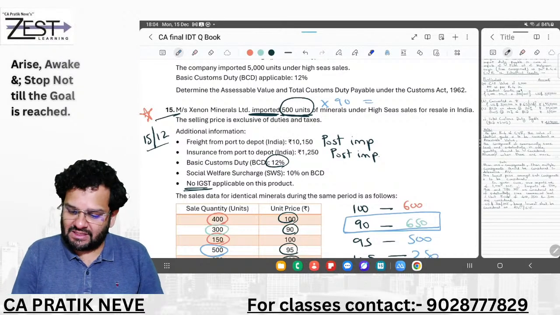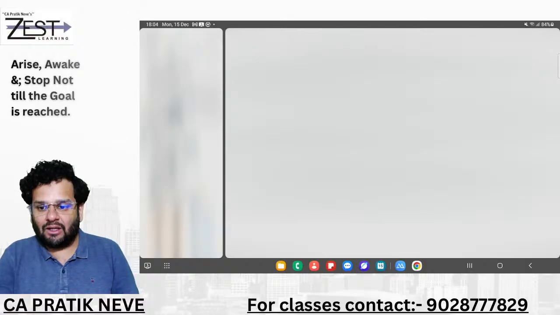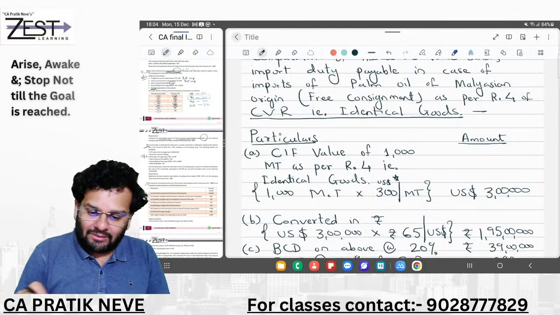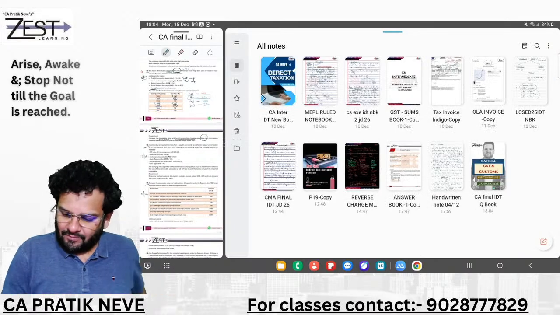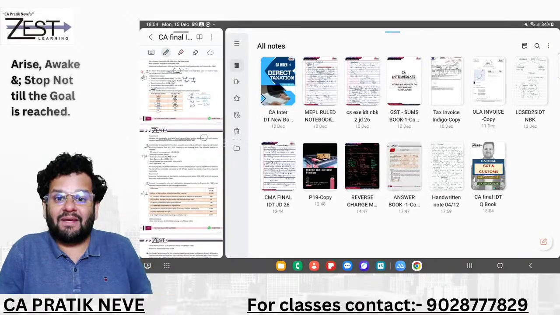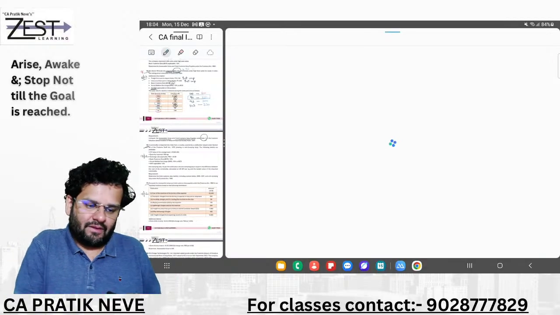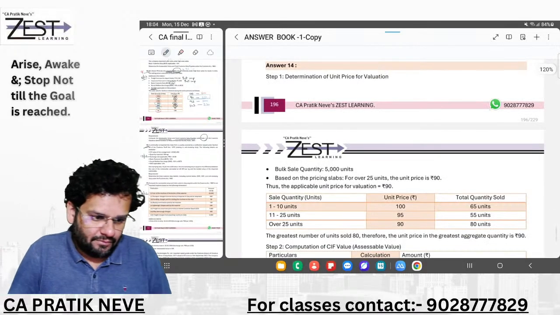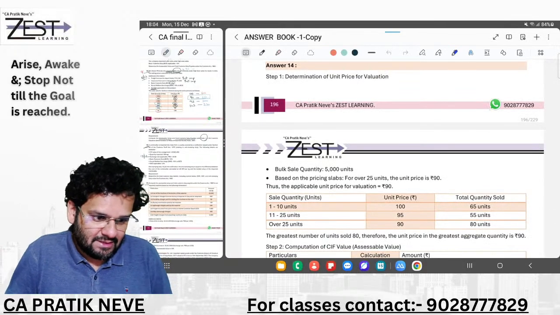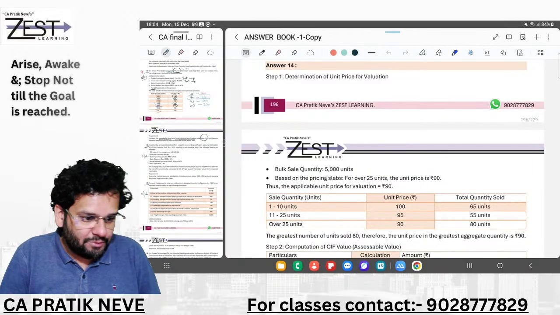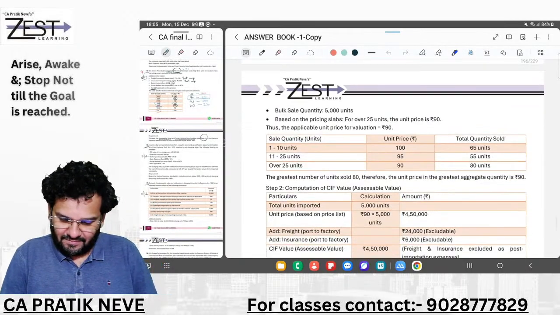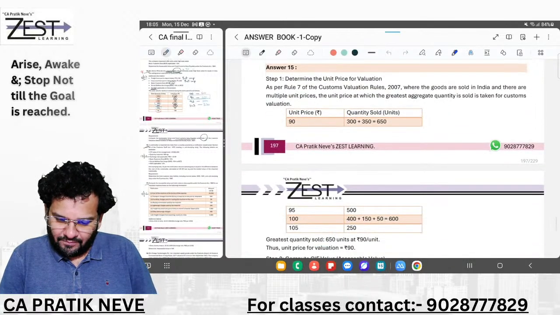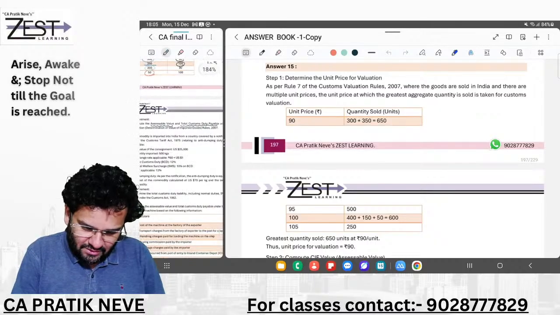So 45,000 rupees is the starting point. Now from 45,000 rupees, that's the ideal selling price in India. From that, you keep on subtracting what? Post importation costs. And you are going to get assessable value. Yes. This is our 15th question, right?